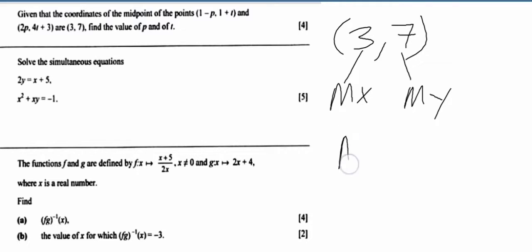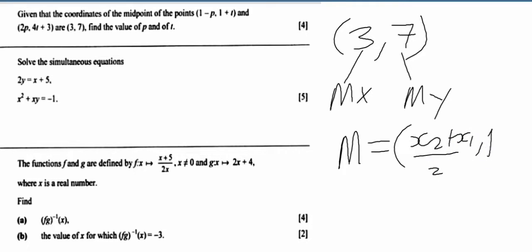Now, since the midpoint is given by, open bracket, (x2 plus x1) divided by 2, (y2 plus y1) divided by 2, then close.